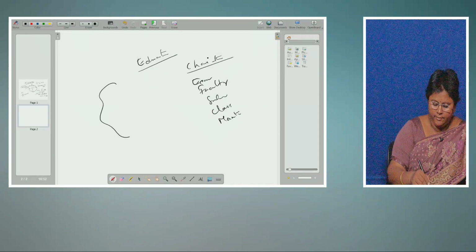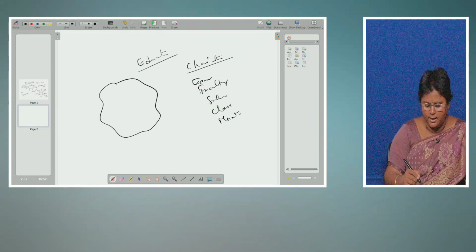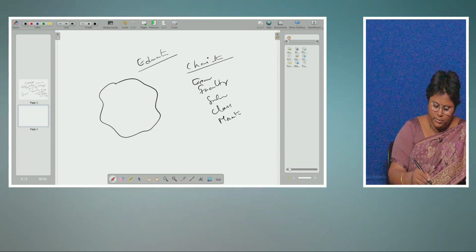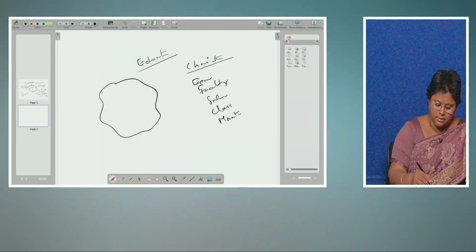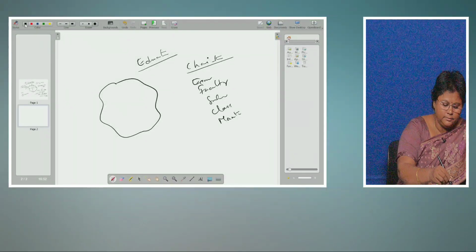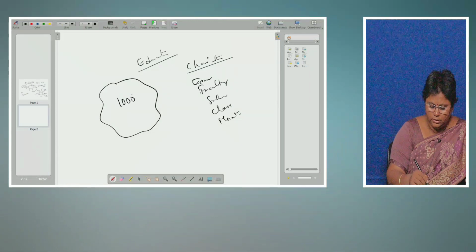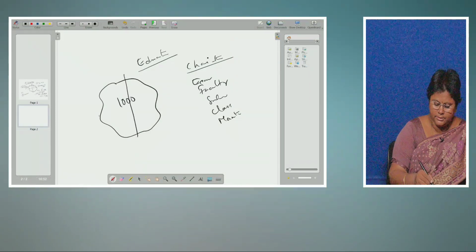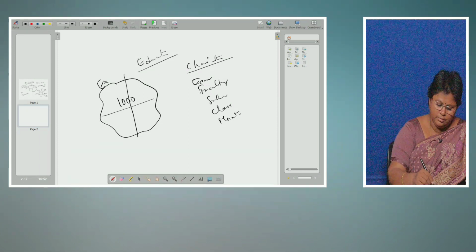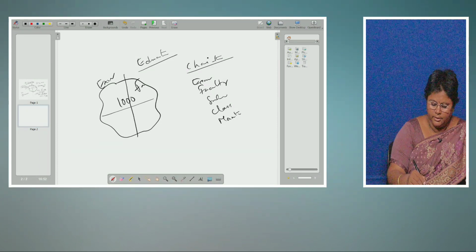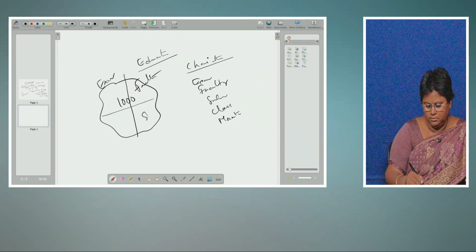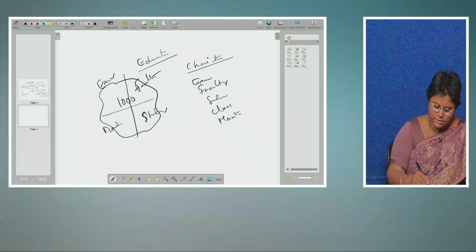If the whole network of, say, 1,000 hosts is a single network, it will be difficult. So I will divide this network. One set I will give to the exam section, another to the faculty section, another to the student section, and another to the maintenance section, and so on.